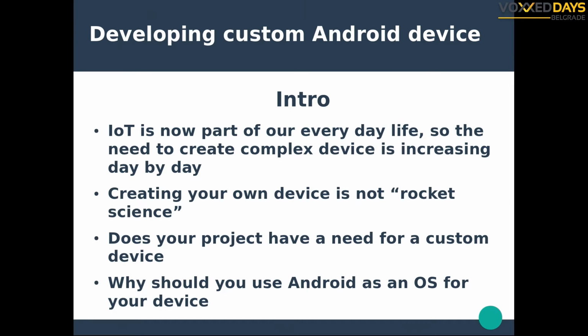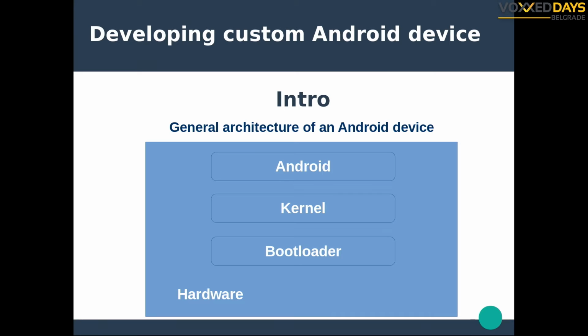Now let's look at how the general architecture of an Android device looks. You have your device, your hardware, and it needs to run something. On top of the hardware, you have to have something that will boot your OS. In the case of Android, you have a bootloader.